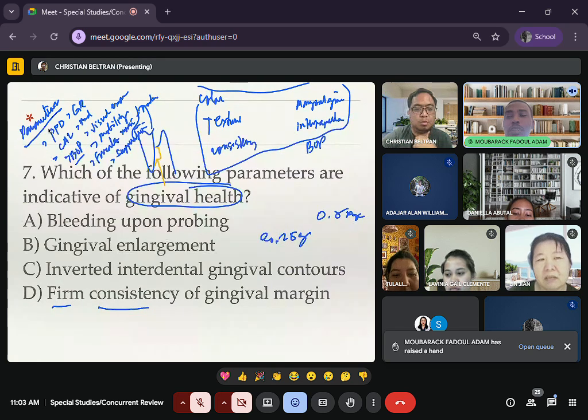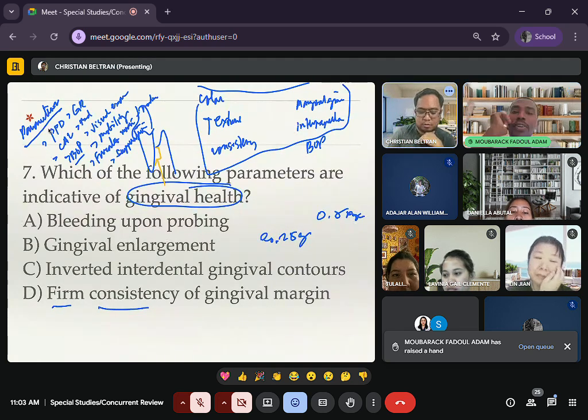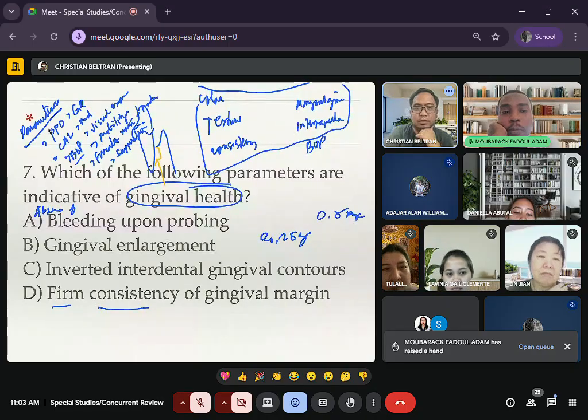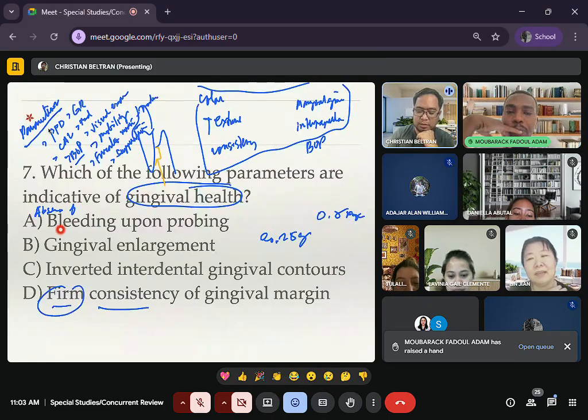How do you assume that it's related to a healthy gingiva? This one should be absence of bleeding. If it is firm, we automatically assume it's related to a healthy gingiva. But for letter A, it says bleeding upon probing, meaning when you probe, there's bleeding.